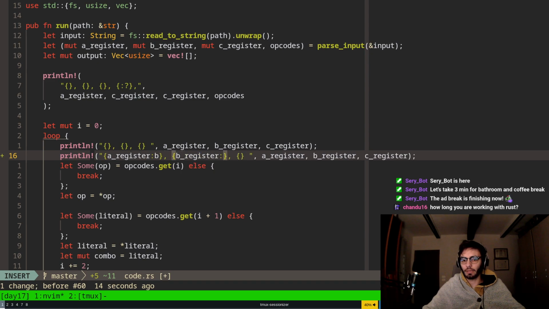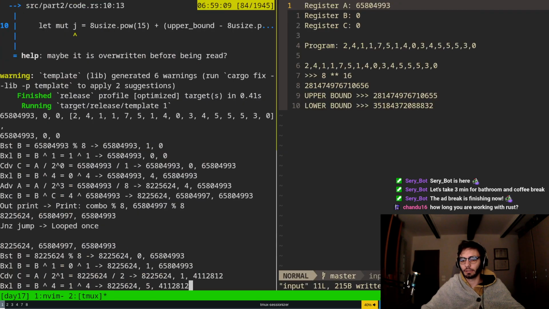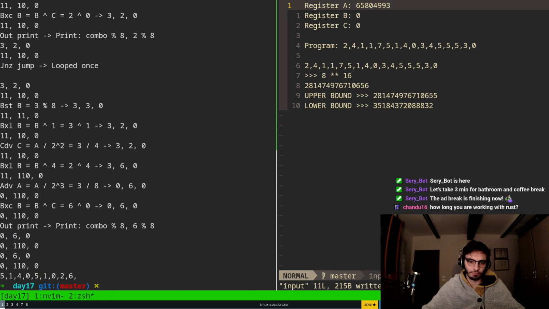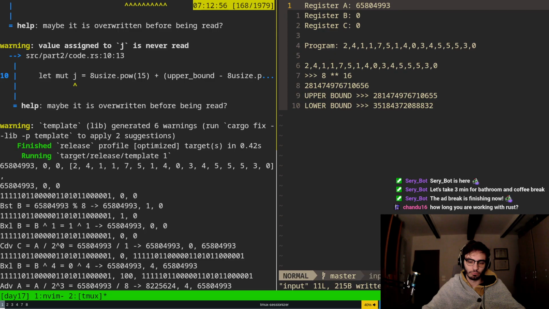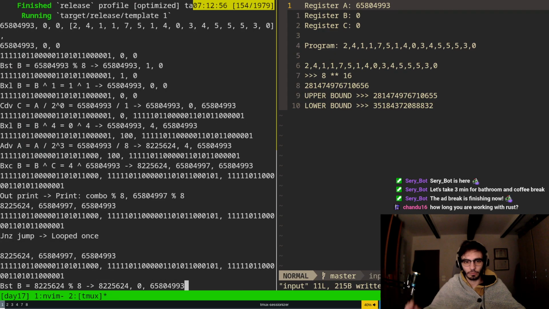B registry binary and C registry binary. Delete up until here and let's go. Yeah, expect them to be a little bit fatter. So we were starting at this point.